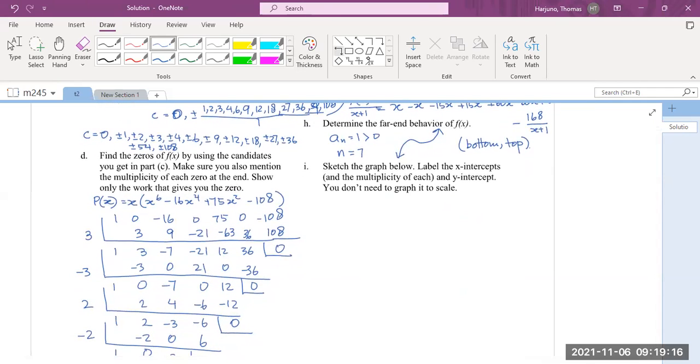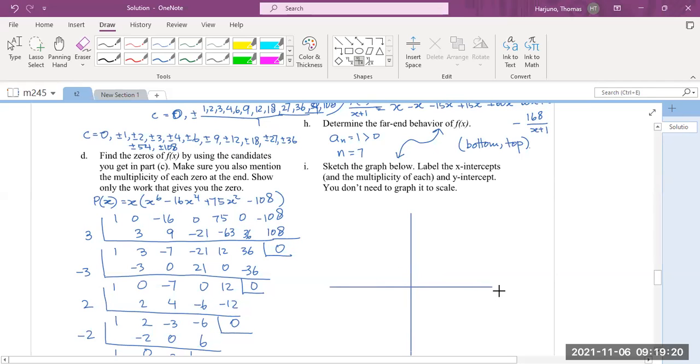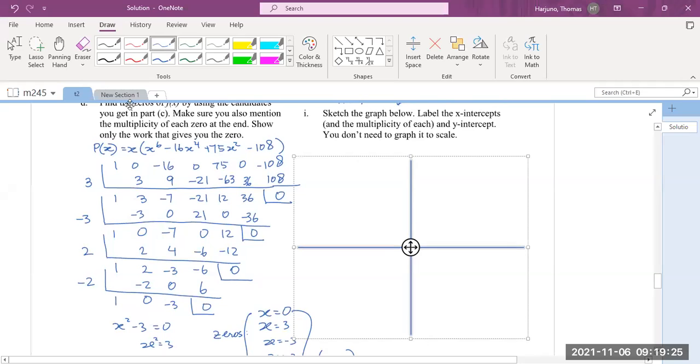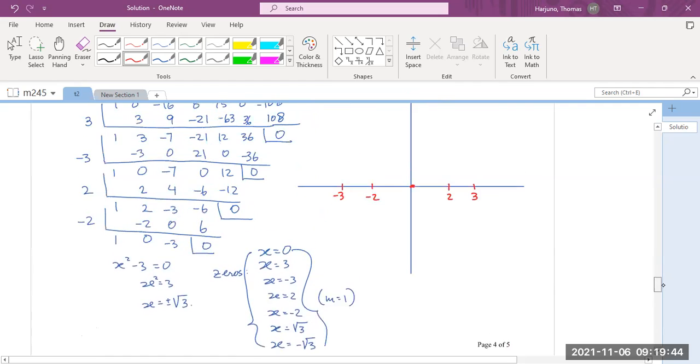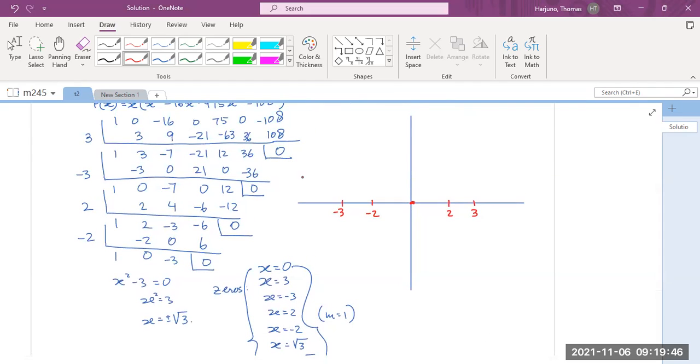Okay, how about the sketch of the graph? Label the x-intercepts and the multiplicity of each, and the y-intercept. The y-intercept is 0, 0. X-intercepts are 2, 0; negative 2, 0; 3, 0; negative 3, 0. Actually, one more, radical 3. Radical 3 is less than 2.